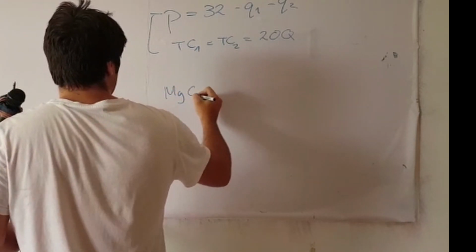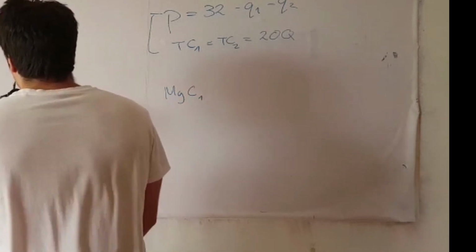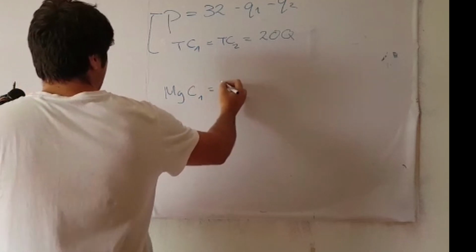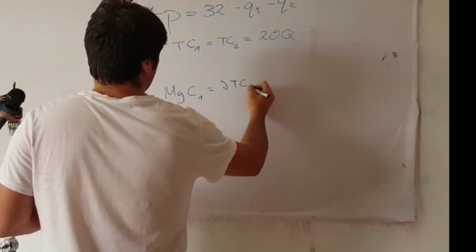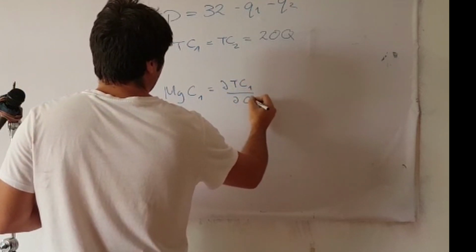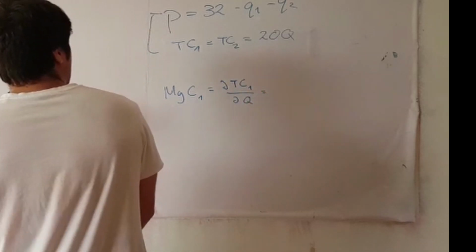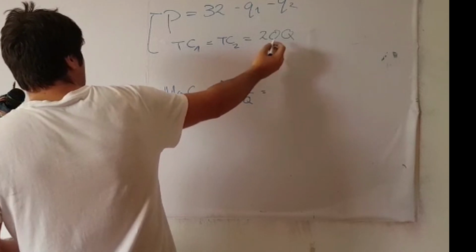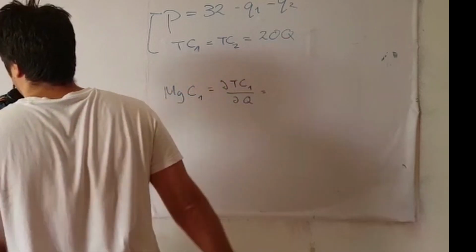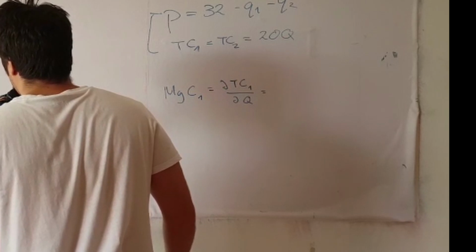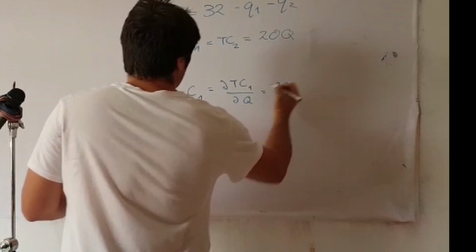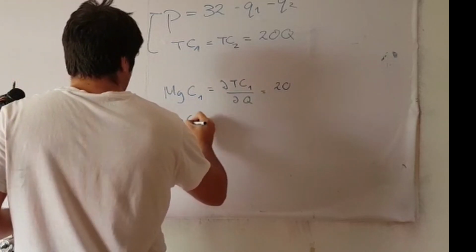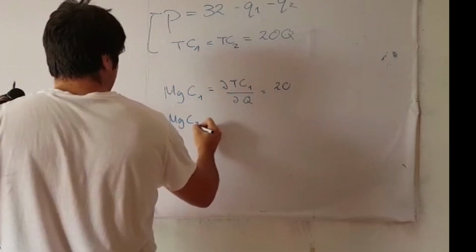So the marginal cost of firm 1 is going to be the partial derivative of the total cost function. If we do the derivative of this function here, 20 is a constant and Q is a variable, therefore the derivative is going to be 20. The same for marginal cost 2. This is going to be exactly the same.